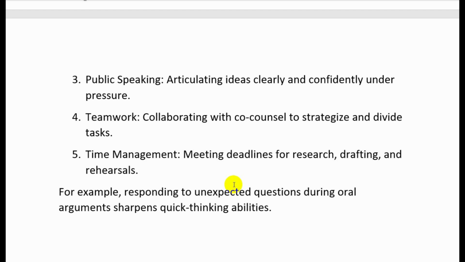Teamwork. We have to collaborate with our co-counsel to strategize and divide tasks. Our co-counsel would be our friends or fellow students with whom we will do research, read case laws, and argue and counter argue on different points, statutes, jurisdiction and so on. So that will help us in collaborative teamwork.